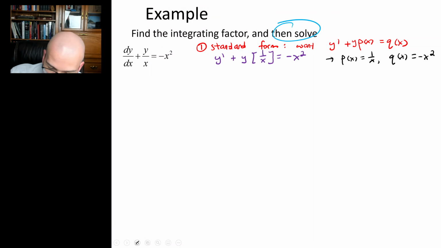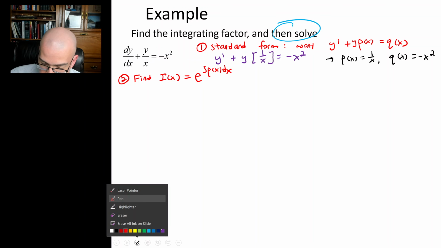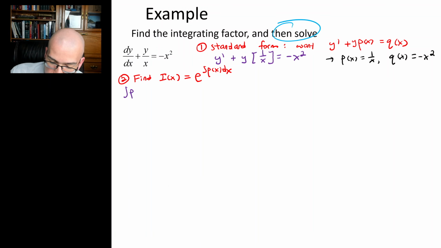Now we do step 2, find integrating factor. So first we integrate p of x. So the integral of 1 over x is ln absolute value of x, but drop the absolute values, plus c.